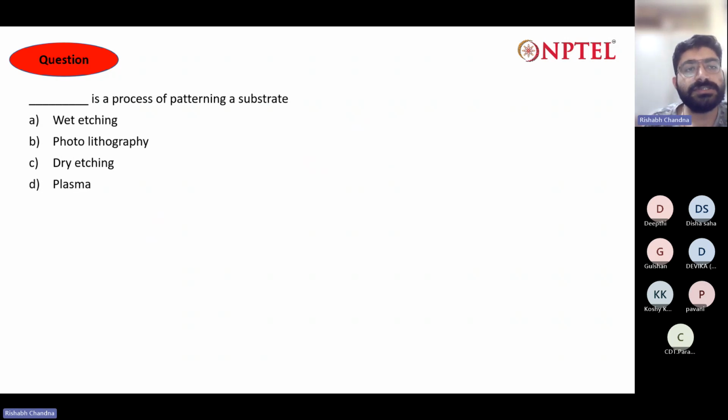The next question is, dash is the process of patterning a substrate. Is it wet etching, photolithography, dry etching, or plasma? Can anybody guess?